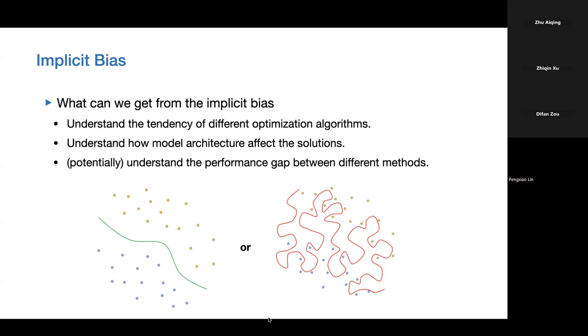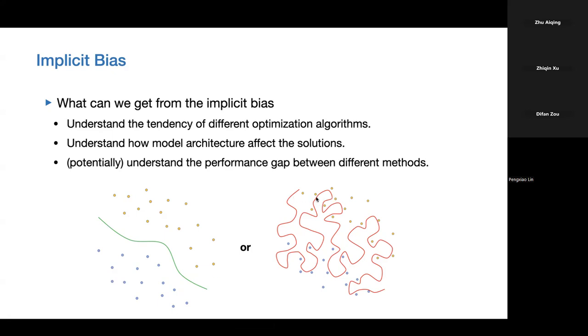Here is a case: given the same data points, if we use different models or different optimization algorithms, we can perhaps find a different boundary. The implicit bias result is a detailed property of the solutions found by the algorithms or the architecture. These two solutions are definitely pretty different.